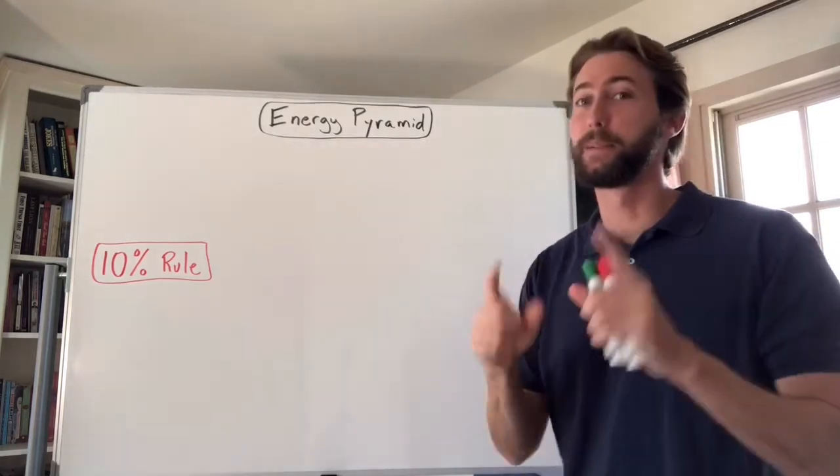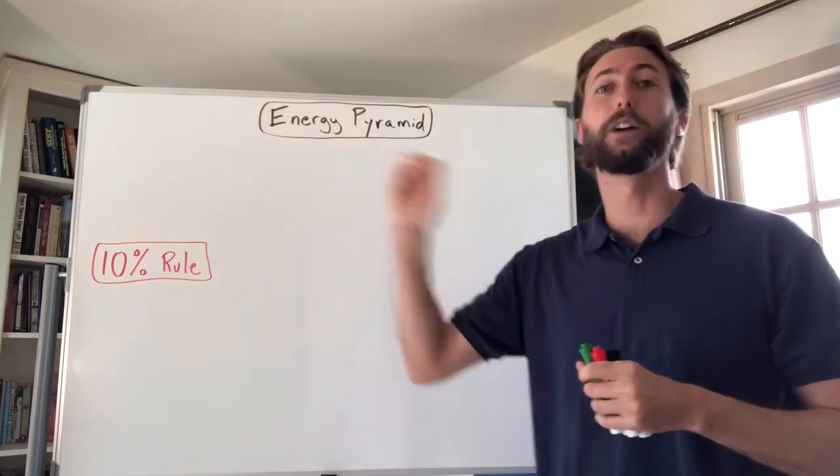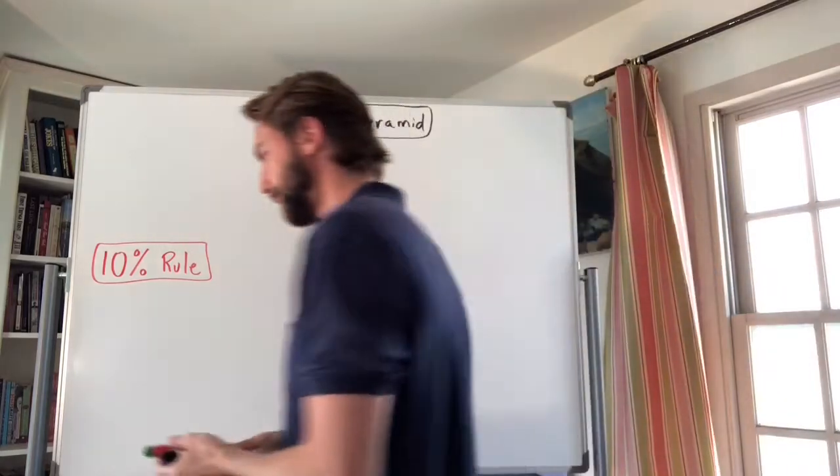All right, so an energy pyramid, like I said, shows the amount, not the direction necessarily, but the amount of energy that gets transferred from one trophic level to the next in an ecosystem. So let's write that down.